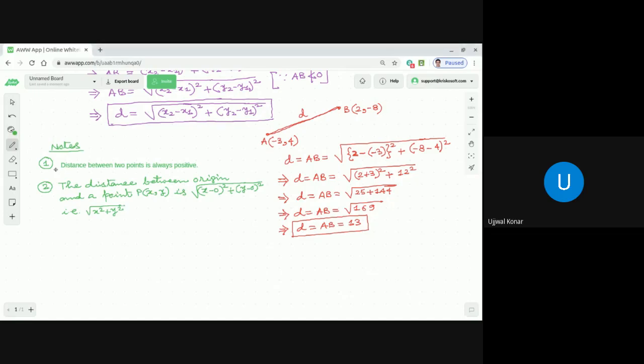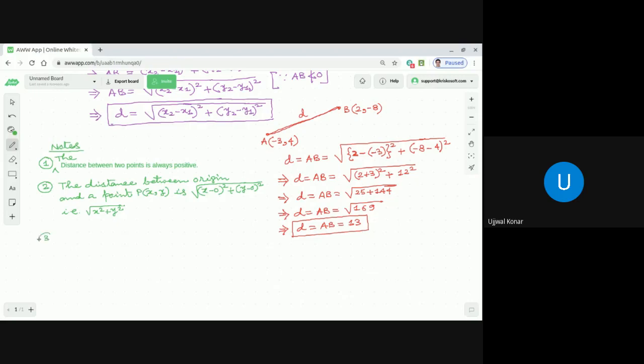Correct? So here I should write the distance between 2 points, because distance is unique. And distance is also positive, and you can say it is unique as well. And the distance formula: there are total 5 variables.